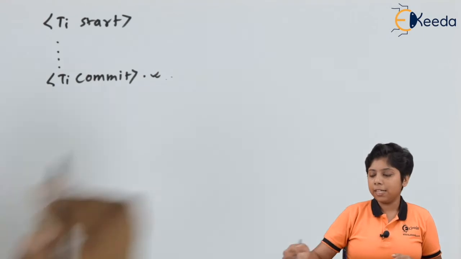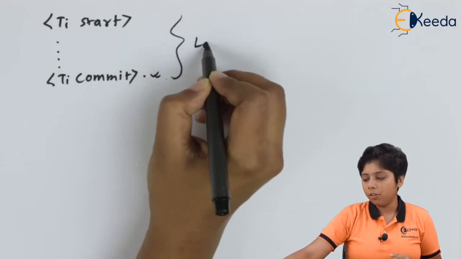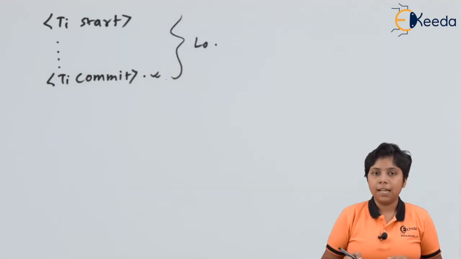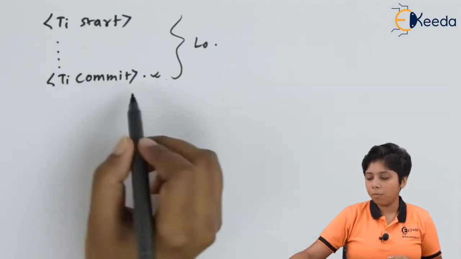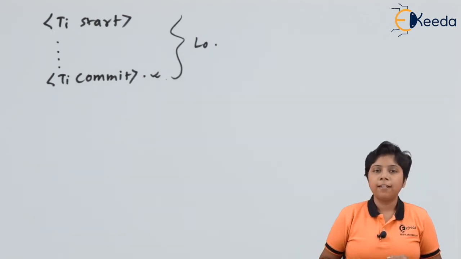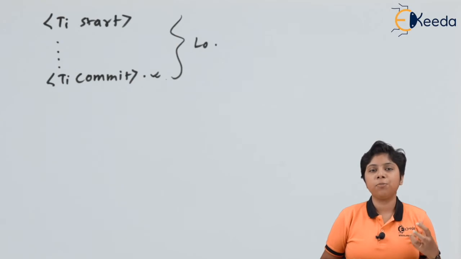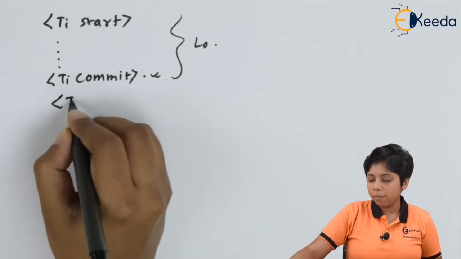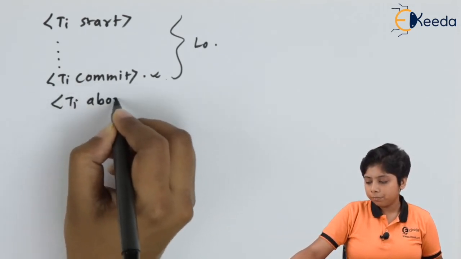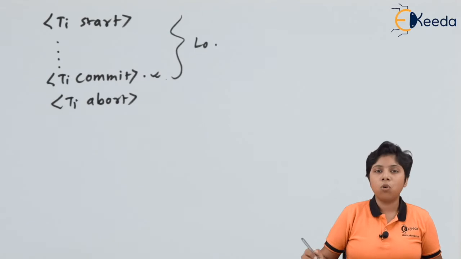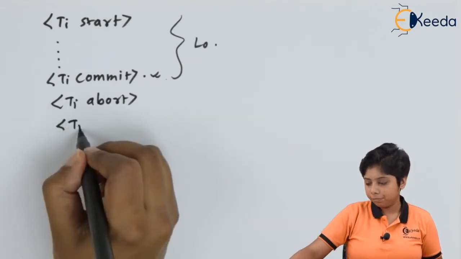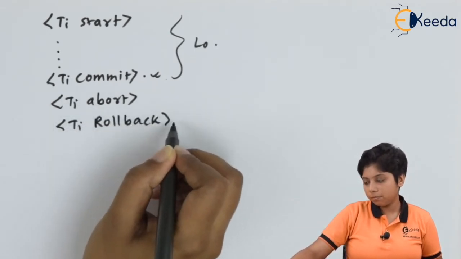Now what happens if this log L0 is lost in some cases? Even if the Ti commit was made in L0, L0 will not be considered written to the database modification, so now Ti is not committed. Ti can either be aborted or we can roll back Ti.